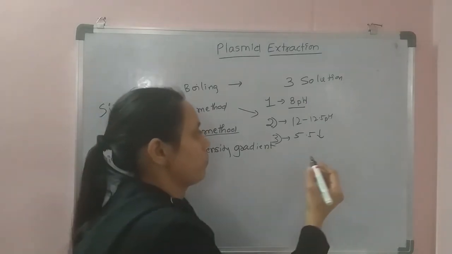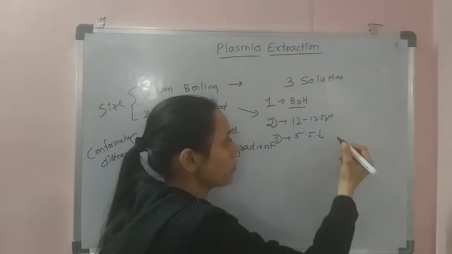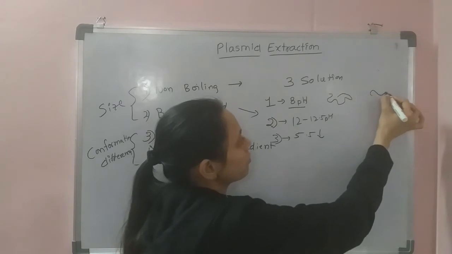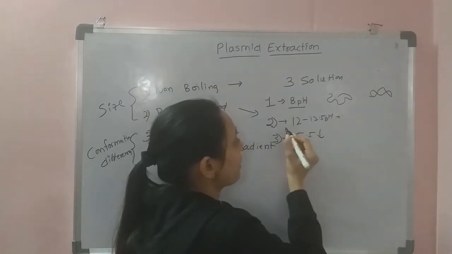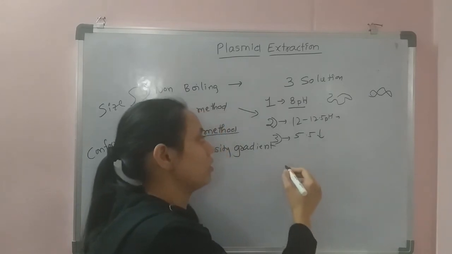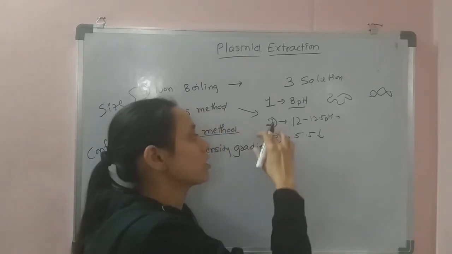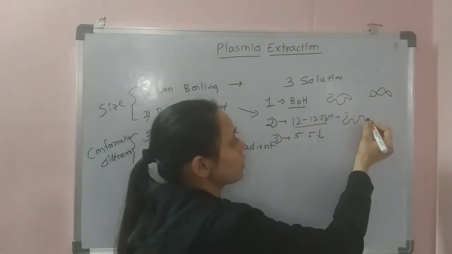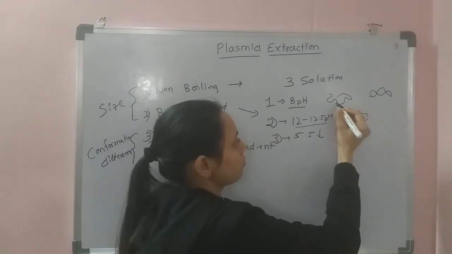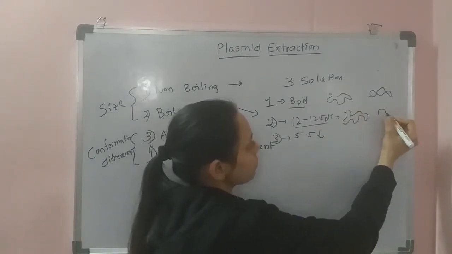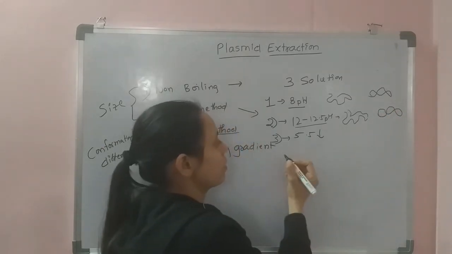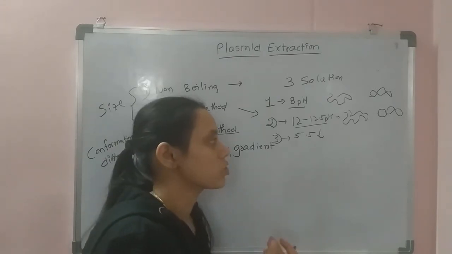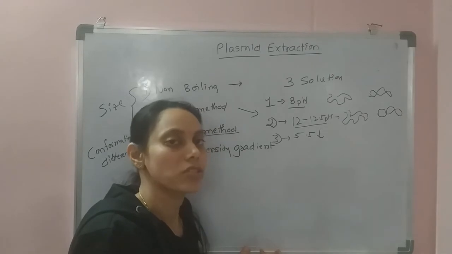At neutral pH, the genomic DNA will be normal and the plasmid will also be normal. But at the higher pH, when the cells are treated with solution 2, the increase in pH causes genomic DNA to denature, and the plasmid will be the same. During the third step, the pH is lowered to such a level that rapid renaturation happens.